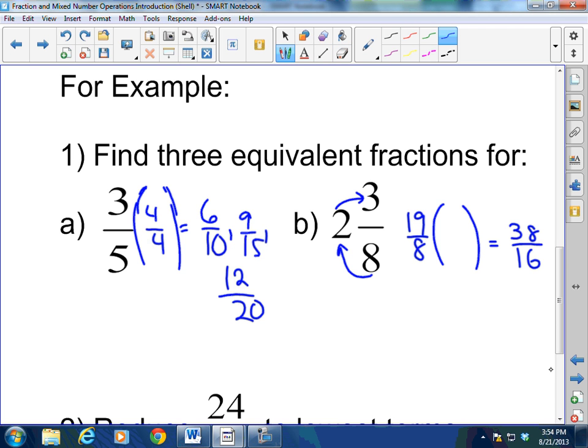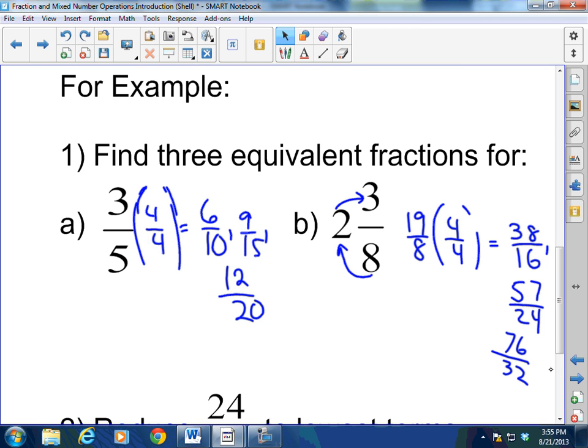Let's go 3 over 3, that's going to be 57/24. Let's go 4 over 4. That's going to be 76/32. All of those guys are equivalent fractions or equivalent mixed numbers.